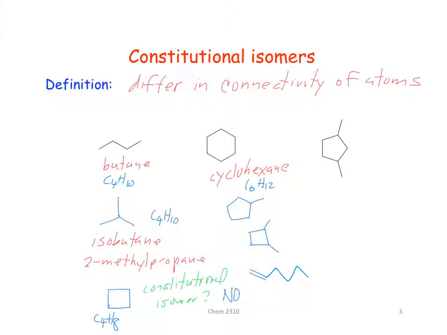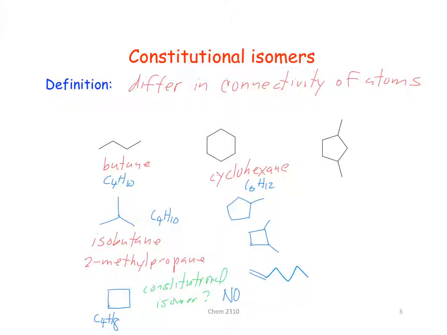So 1-hexene would be a constitutional isomer of cyclohexane. We could make all kinds of other ones. We could move the position of the double bond, make some branches on there, shorten it, all kinds of things.